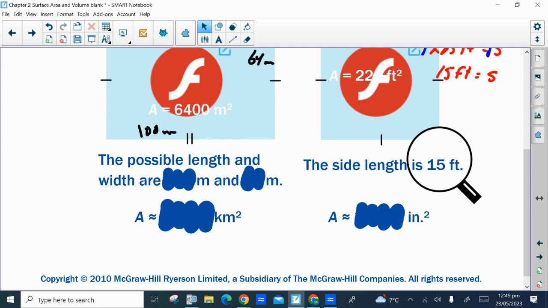Okay? But what if we took the original dimensions and converted them into kilometers first? So 100 meters, if you divide that by 1,000, would be 0.1 kilometers. And 64 meters, if you divide that by 1,000, would be 0.064 kilometers.